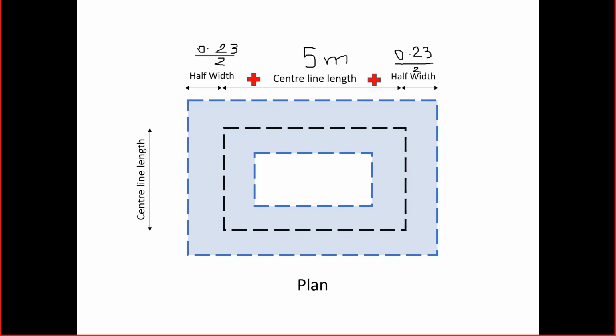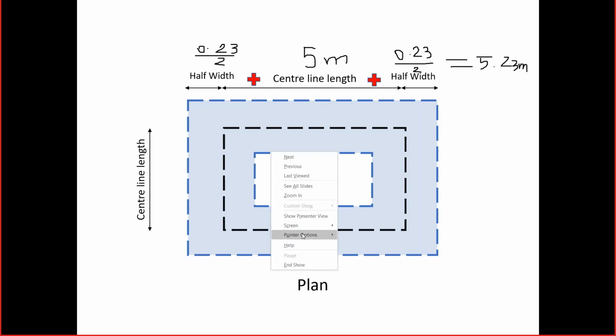So I'll get 5 plus 0.23 by 2 plus 0.23 by 2, which is nothing but 5.23 meters, the length of the long wall. I have a similar wall here also, so I can say 5.23 into 2. Since I have already considered this, let me show you here.